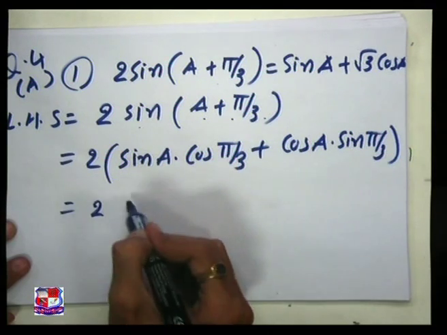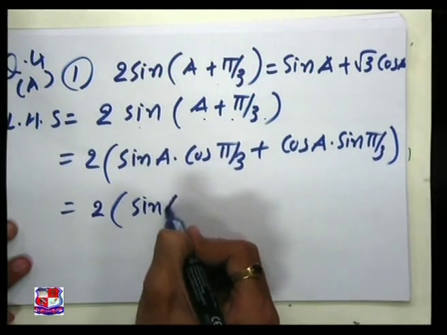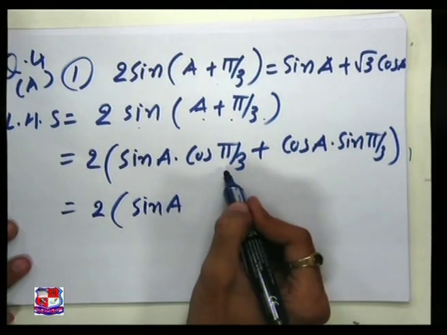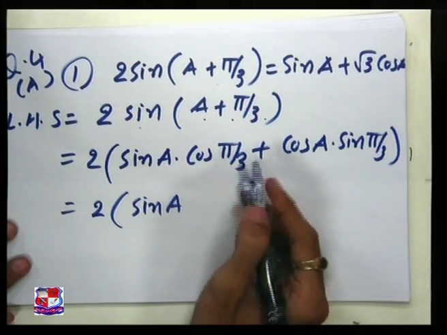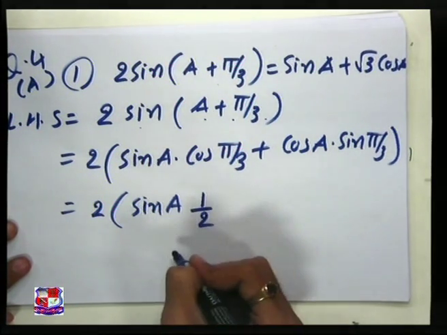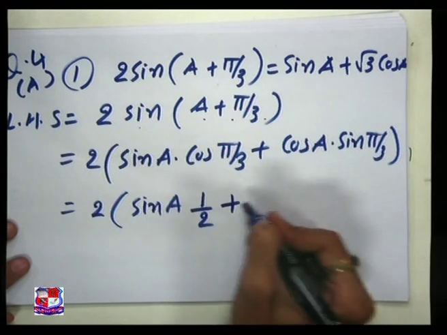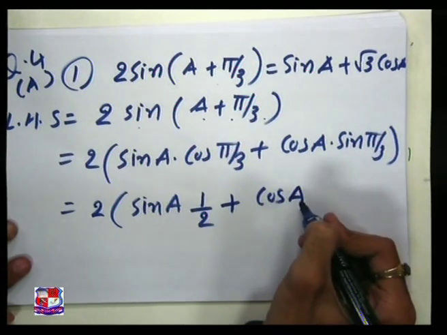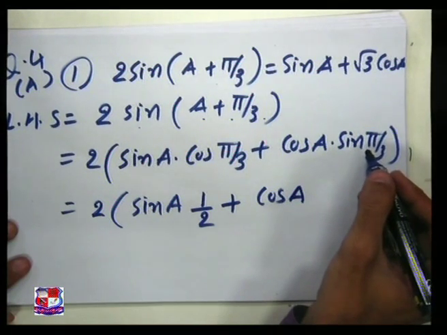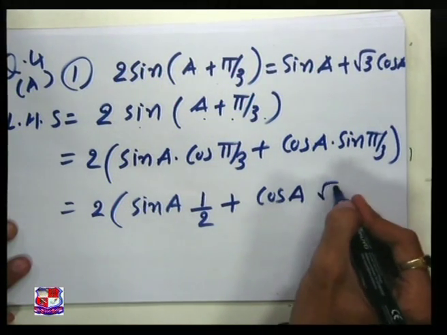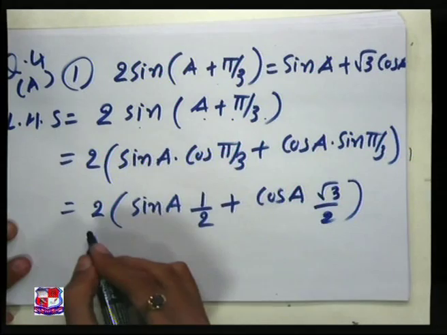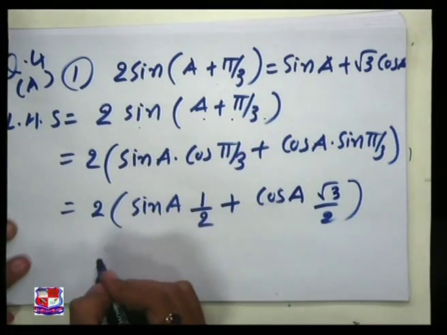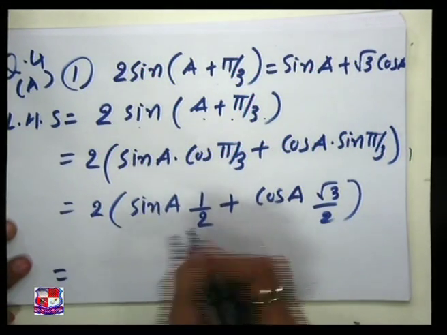So this is 2 sine a. Now cos pi by 3, that is cos 60, is equal to 1 by 2, plus cos a into sine pi by 3, that is sine 60, that is root 3 by 2. If I multiply 2 with this bracket, then I will get here 2 into 1 half, that will be cancelled.